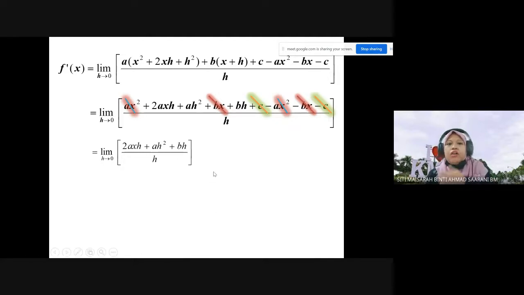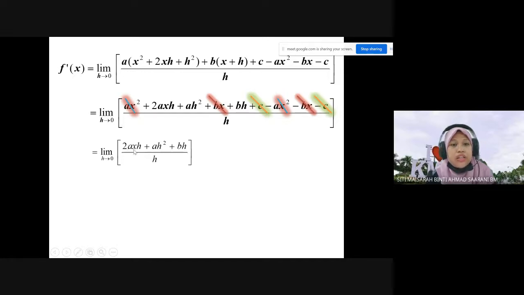Now after we expand and add and subtract, we need to cancel out the h at the bottom. We want to terminate h. So we need to factorize the above expression. Looking here, we have 2axh plus ah squared plus bh.